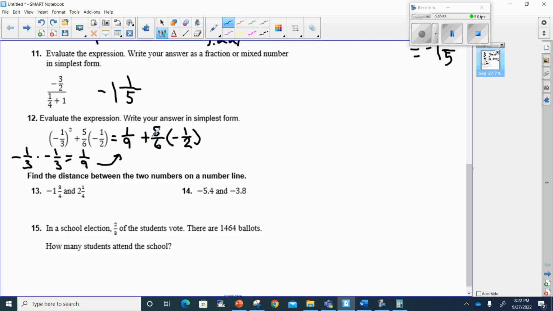So I'm multiplying these two numbers because of the parentheses here. 5 times negative 1, that's going to be negative 5. And 6 times 2, that's going to be 12. So now I can rewrite this again. My 1 over 9 starts us off. And now we have a negative number, so that's negative 5 over 12.